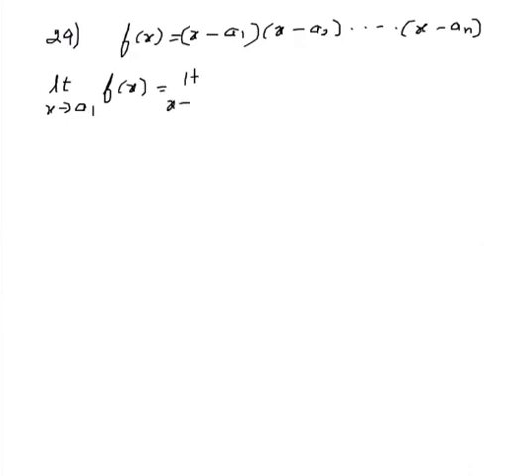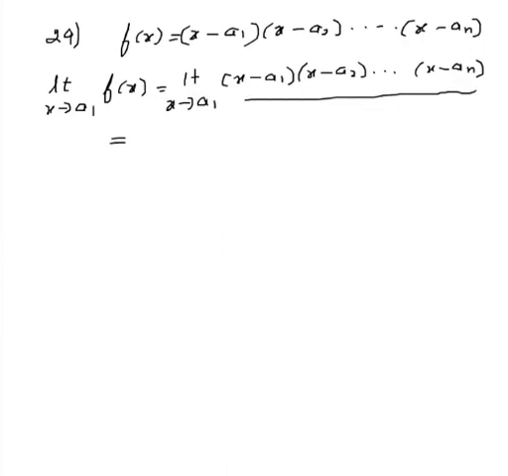Let us write f of x, which is x minus a1 times x minus a2, etc. The last term is x minus an. Let us apply the limit value. This is again a polynomial. We don't have any problem with polynomials because polynomials are defined for all real values.